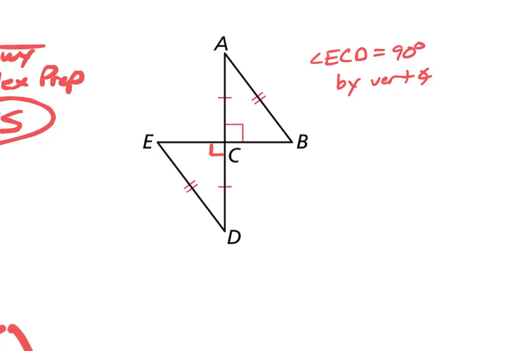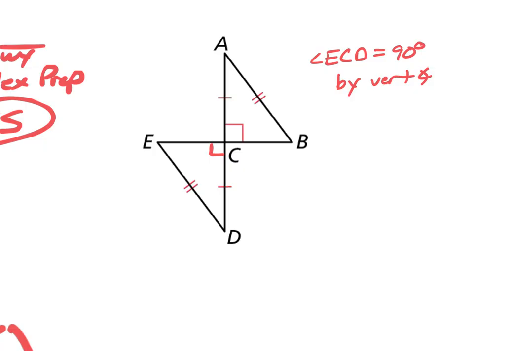Now, as I look at this, we have to decide which theorem we're going to use. Okay, so let's go by process of elimination. Can we do side angle side? Nope, the angle's not between the 2 sides. Do I know all 3 sides? Nope, we don't have anything marked here and here, right?